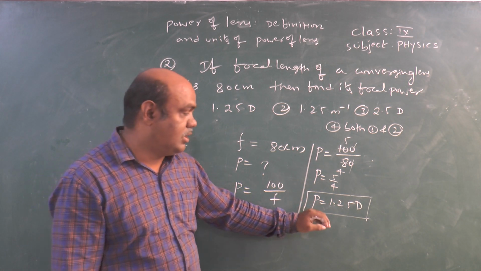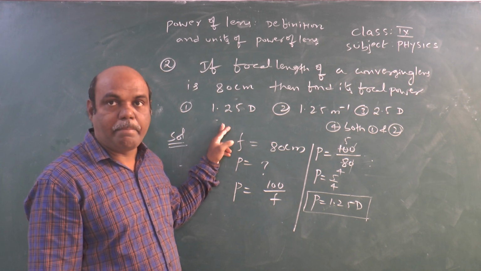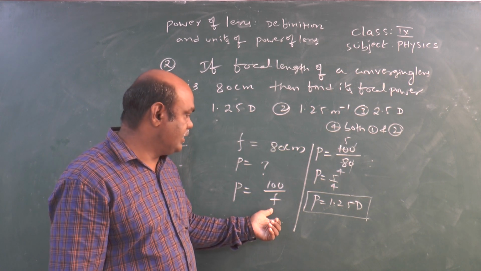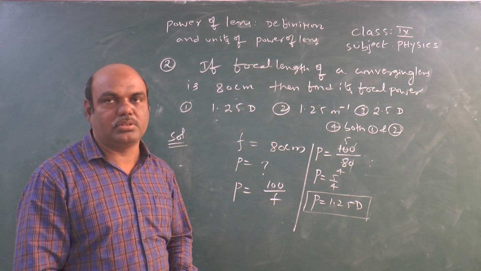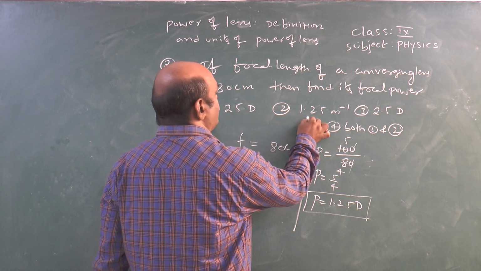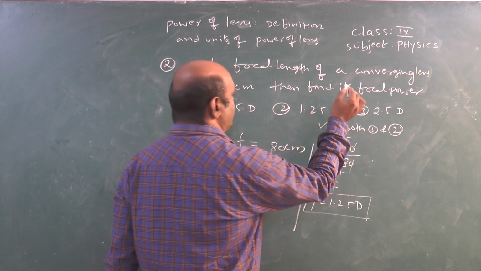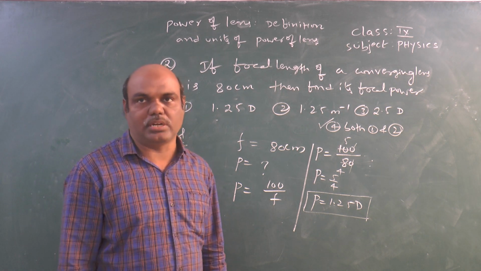So 1.25 diopters, the first option, is okay. But here we are taking 100 by f, that's why meter inverse is also a unit of focal power. So 1.25 diopter is correct, and 1.25 meter inverse is also correct. That's why both 1 and 2 is the option. So the fourth option is correct.